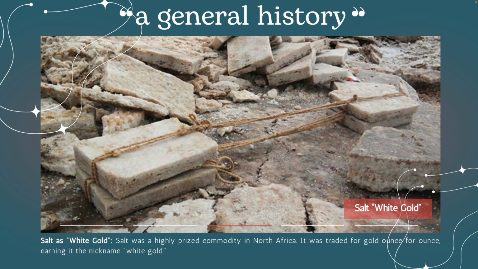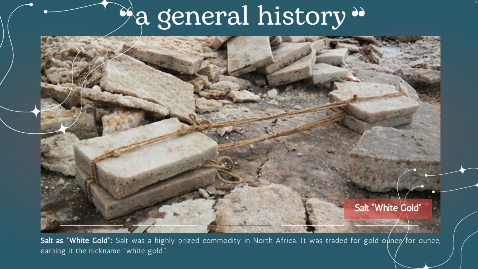So here, do you know what this is? The salt. Very good. It's salt slabs again. So here is what is considered the white gold. Salt was very precious, and once upon a time it was very, very expensive, equivalent to what you would sell gold for.